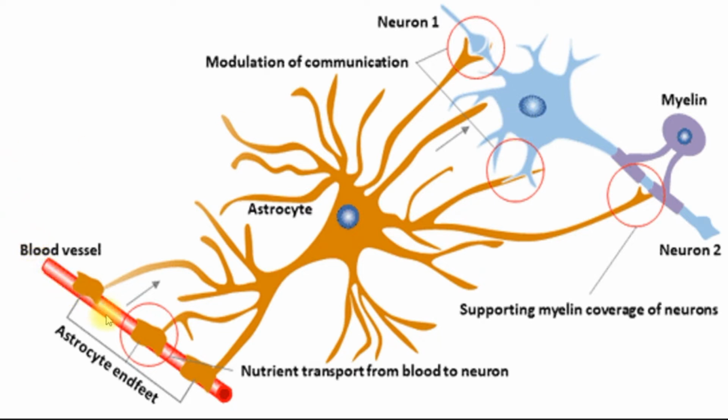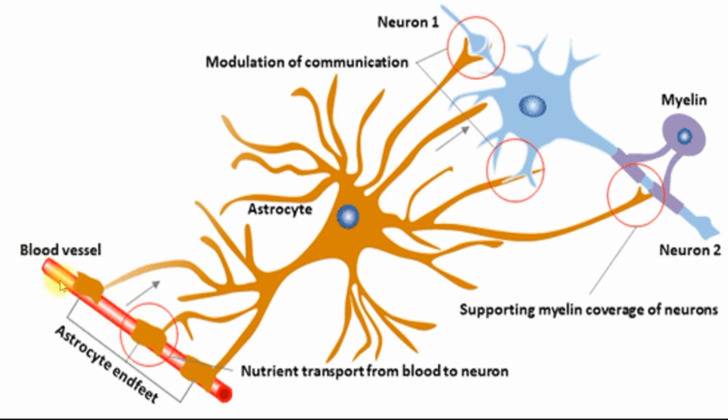Blood vessels may contain different dangerous substances which may be harmful for neurons. There are different toxins, different viruses, bacteria, etc. And astrocytes completely surround blood vessels. They have foot processes which surround blood vessels, and they filtrate.